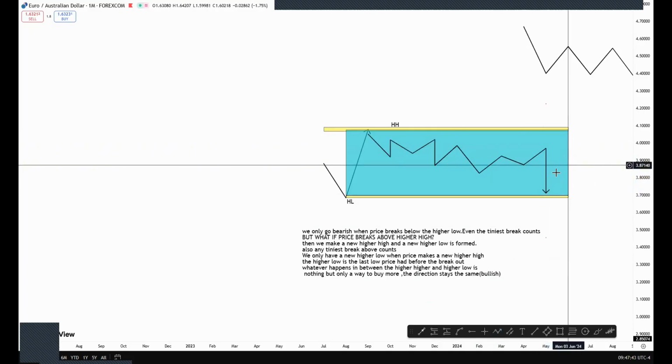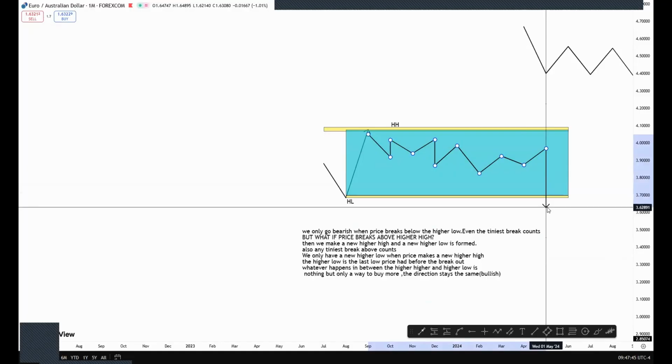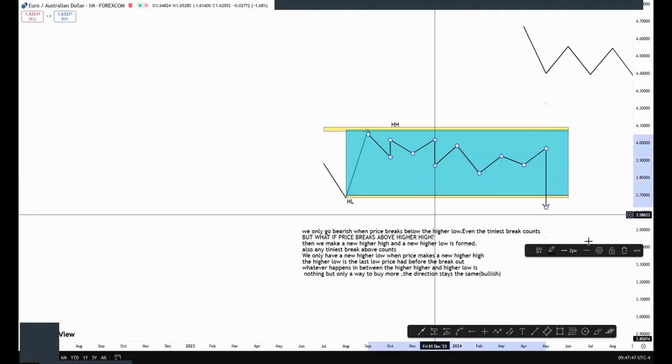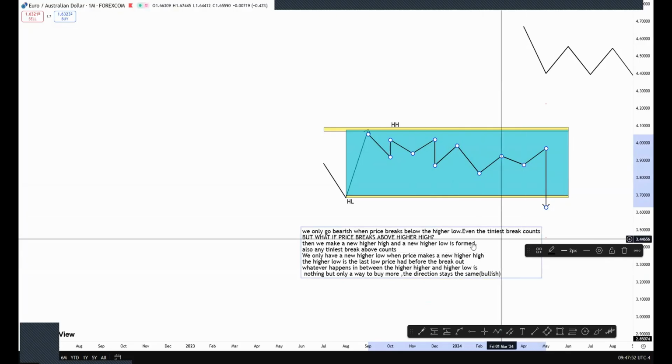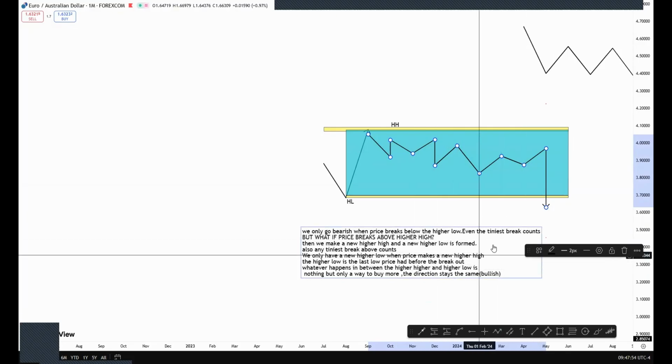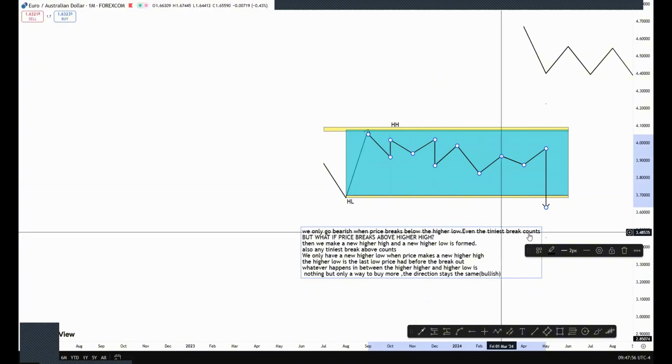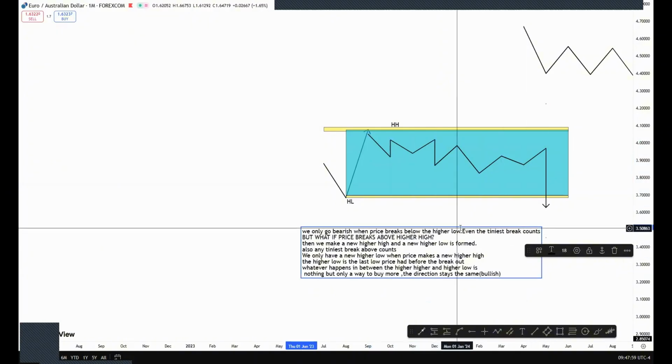Not until price breaks below the higher low with a candlestick body close, not a wick.